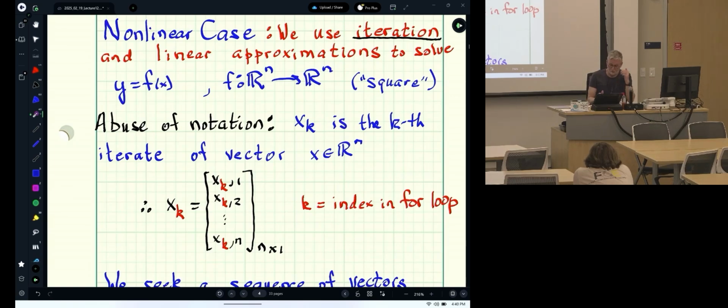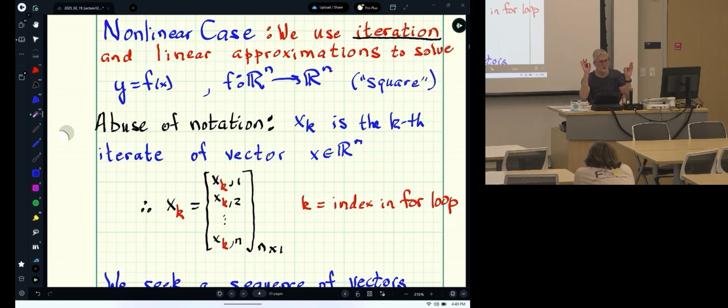Now we're typically letting x1, x2, x3, etc. be the components of x, but when we're doing iterates, it's very convenient to denote them by k, where k is the kth iterate, for example. So we are going to be abusing notation, and you'll have to use context to decide, are we talking about the kth component or the kth iterate of the vector?